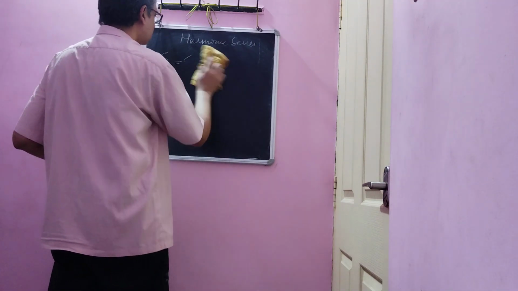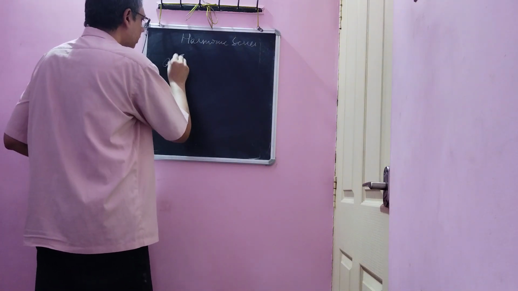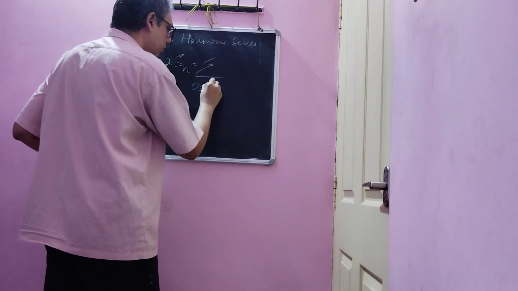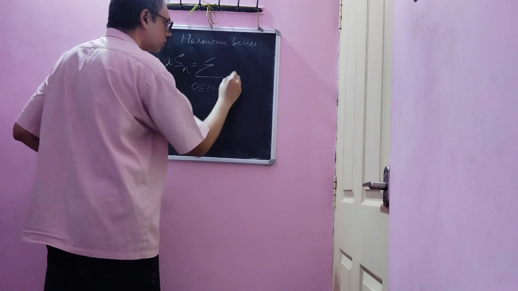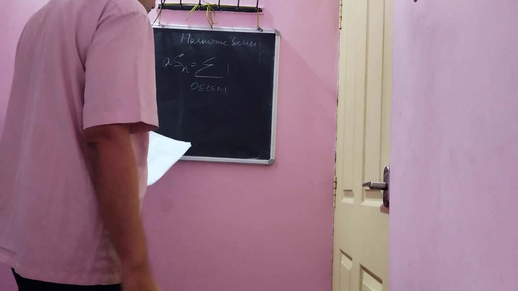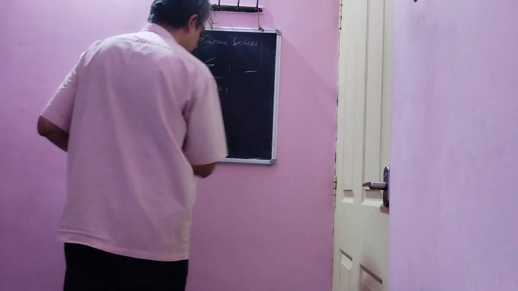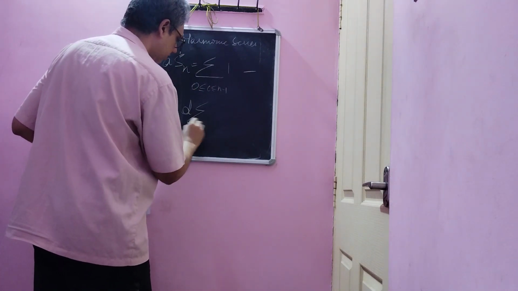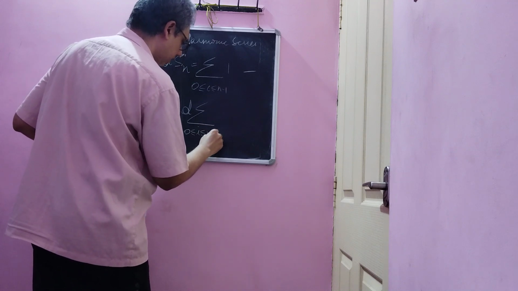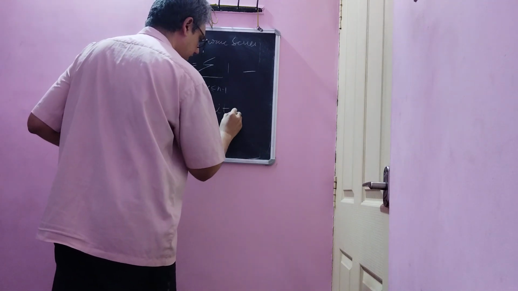Therefore, we will have A times Sn is equal to the summation 0 less than or equal to i less than or equal to n minus 1 of 1, minus D times the summation 0 less than or equal to i less than or equal to n minus 1 of i times Ti.